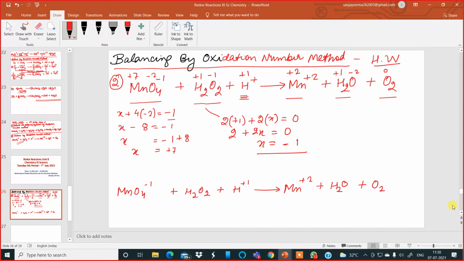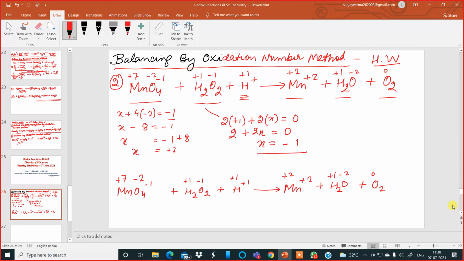Now I copy down the oxidation number of all the atoms. Mn is plus 7, which we calculated some time ago. Oxygen minus 2, hydrogen plus 1, over here minus 1, this is plus 1, manganese plus 2, in water hydrogen is plus 1, oxygen is minus 2, over here it is 0.